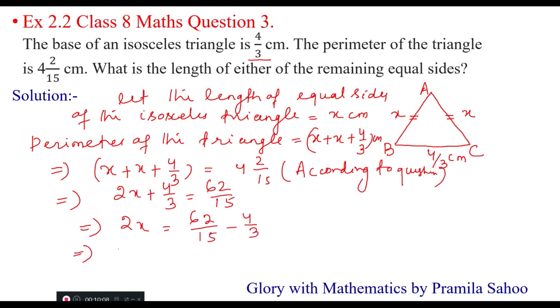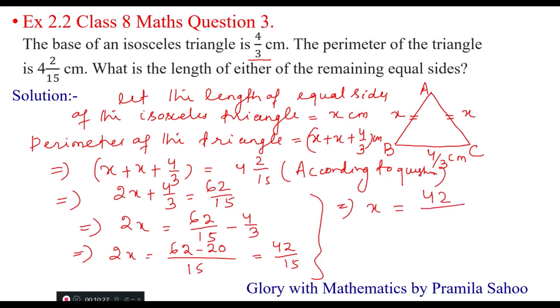This implies 2x is equal to 62 minus 20 over 15, which is 42 by 15. So x is equal to 42 by 15 divided by 2, which is 21 by 15. In the lowest form, x is equal to 7 by 5.